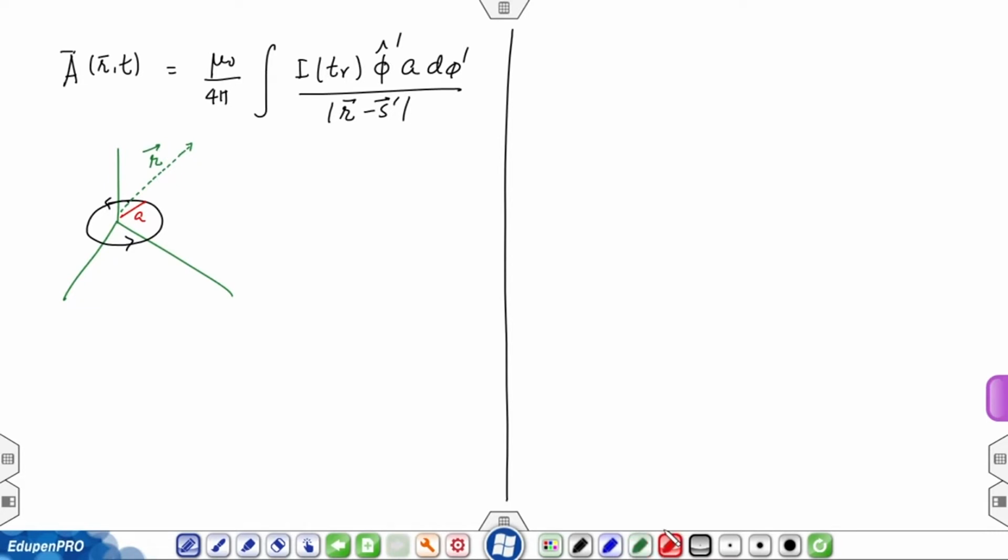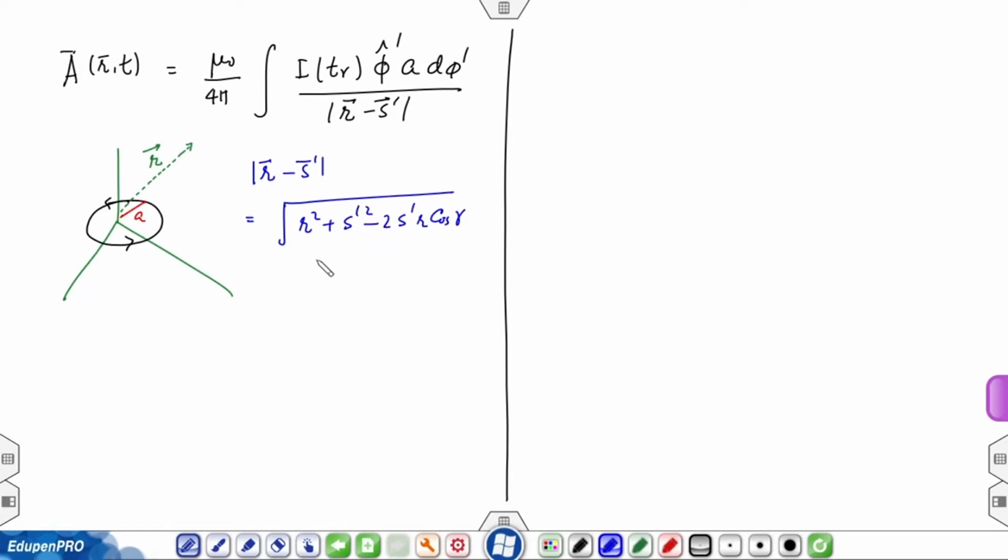We have just written that modulus r minus s prime is square root of r squared plus s prime squared minus 2 s prime r cosine gamma, where gamma is the angle between r and s.